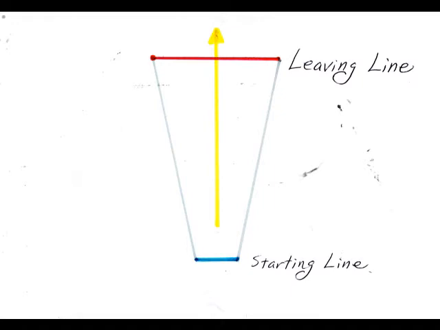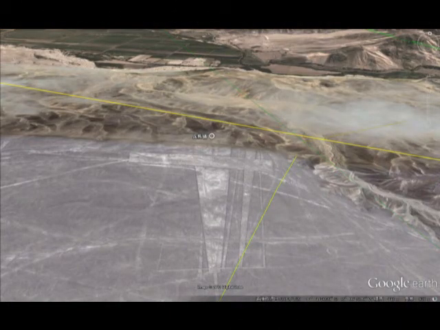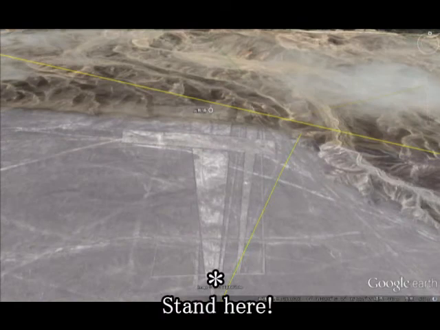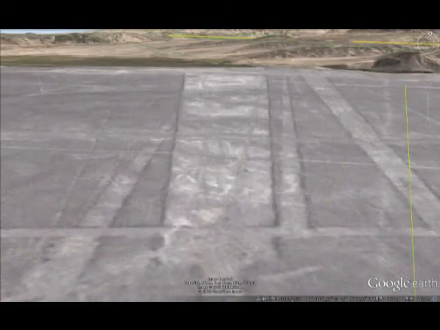The starting point is narrower than the leaving point, and at the leaving point, in most cases you can find a black dot or a sort of cornerstone, a markstone. Yes, here is a beautiful runway which shows the direction to the Terracotta Army in China near Xi'an, about 33 or 34 kilometers east of Xi'an.